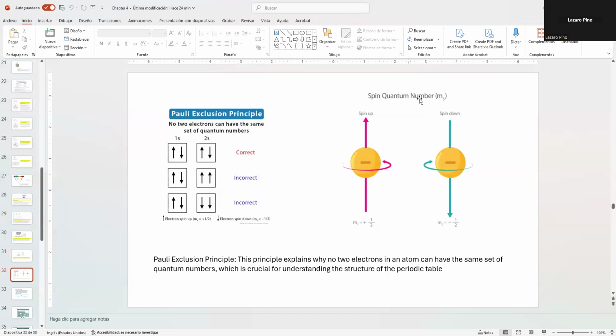What is the spin quantum number? It is that two electrons in the same orbital, one is spinning to the right and the other to the left. So they differ in the spin quantum number, plus 1/2 and negative 1/2. This is the Pauli exclusion principle.